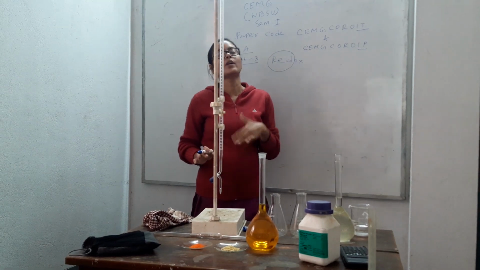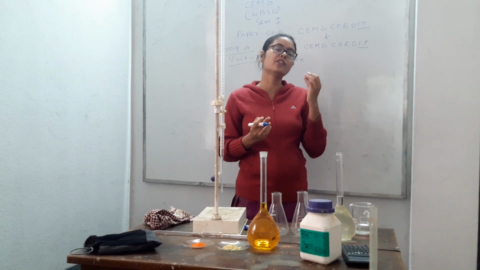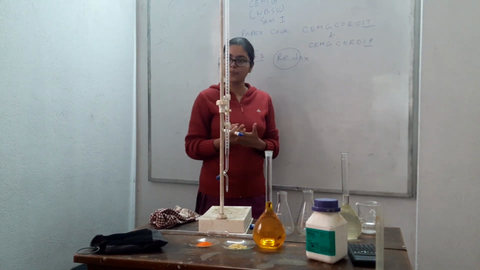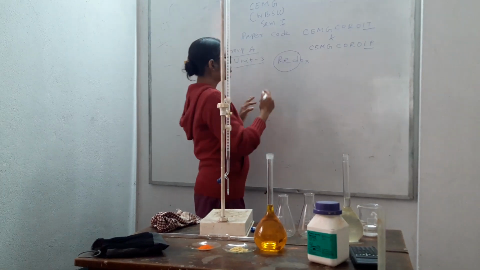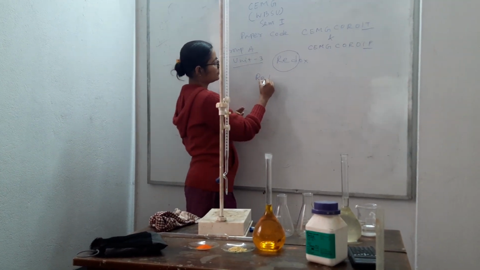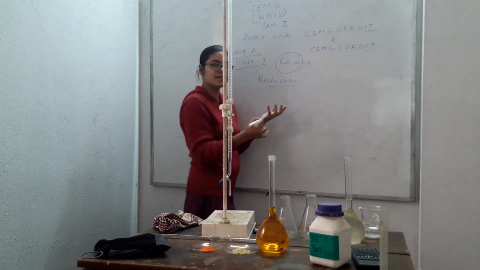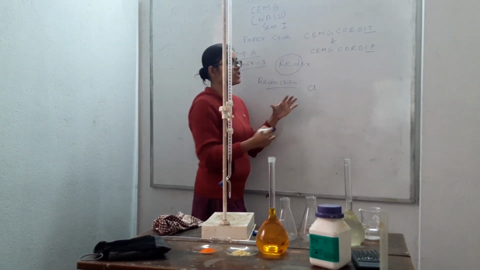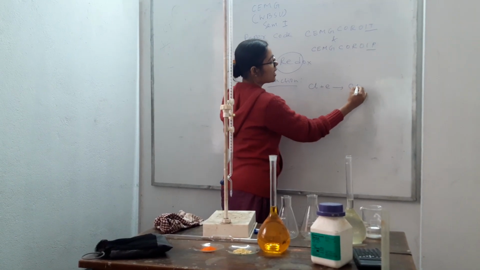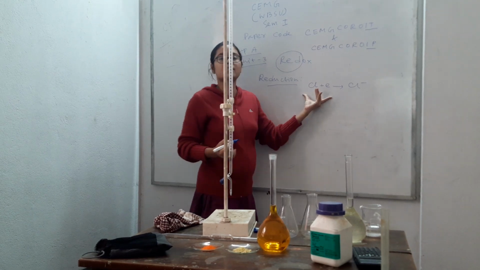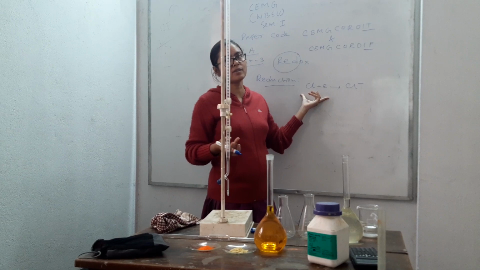Now here we are going to define these two reactions, reduction and oxidation, in terms of electrons. So what is reduction? Reduction means if some species takes electrons and accepts electron, then this reaction is called the reduction reaction.